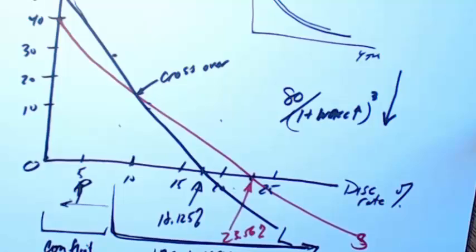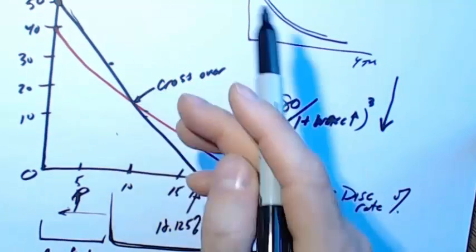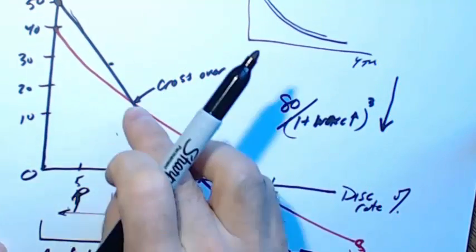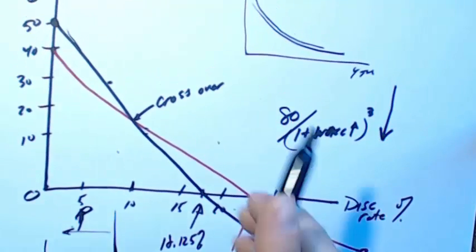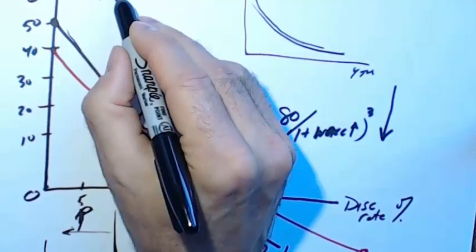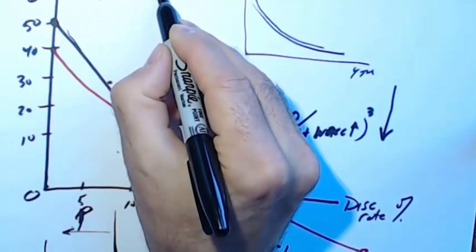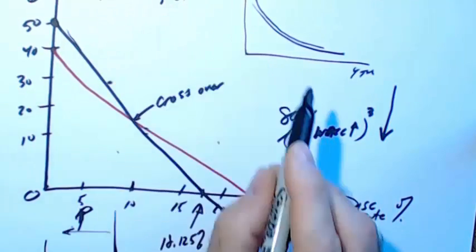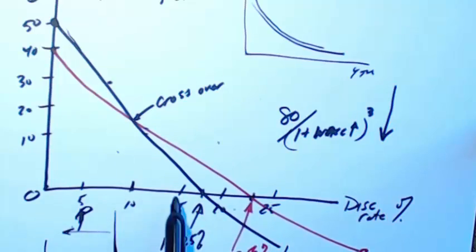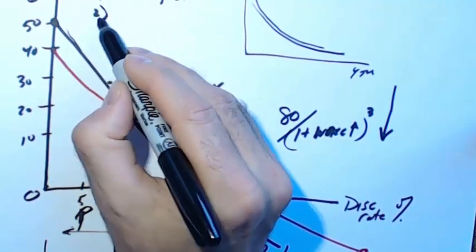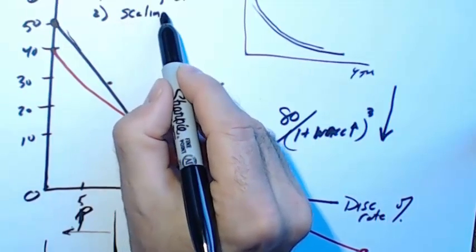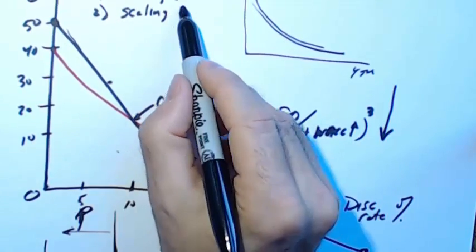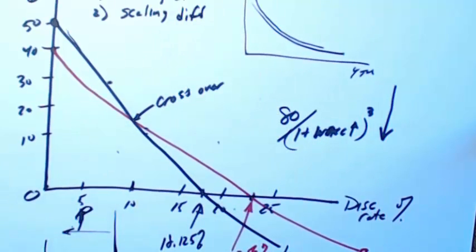So there are 2 main reasons why you see crossovers in net present value profiles in general. One is that the timing of cash flows varies, and we just saw that in this example. The other problem that comes up is scale, the scaling problem, or scaling differences. Scale just means size.